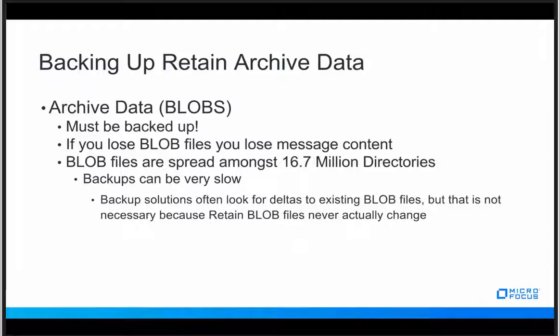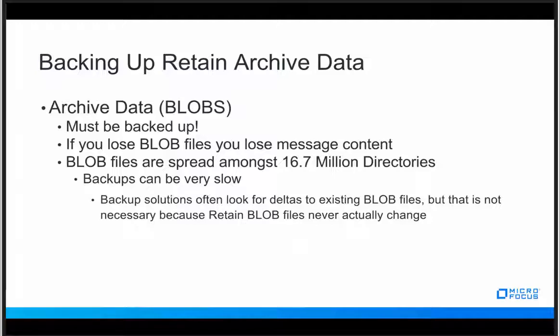One, to see if there are any new blob files or any files that it hasn't backed up, and then two, to see if there are any deltas to those files, that they've changed. Now, it's extremely inefficient having to iterate through 16.7 million directories. It doesn't matter how fast your system is, 16.7 million is just a lot.